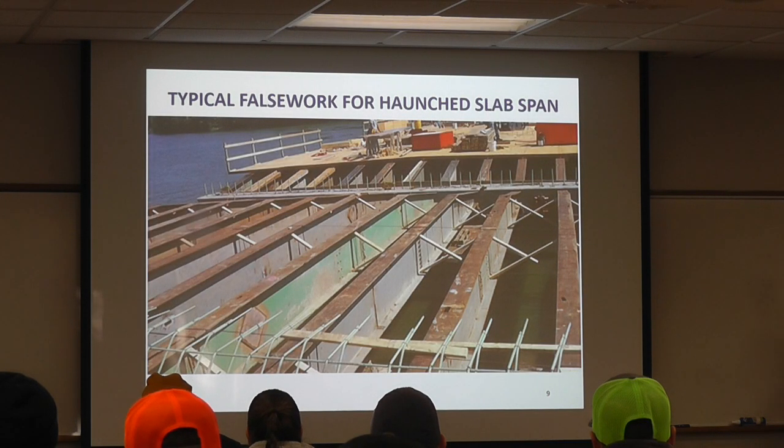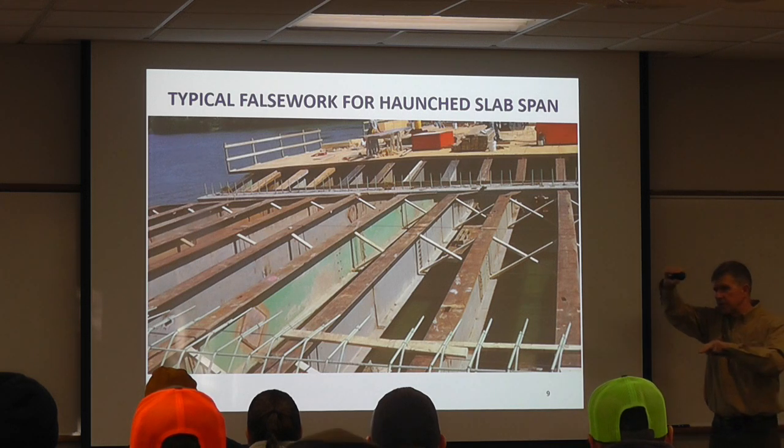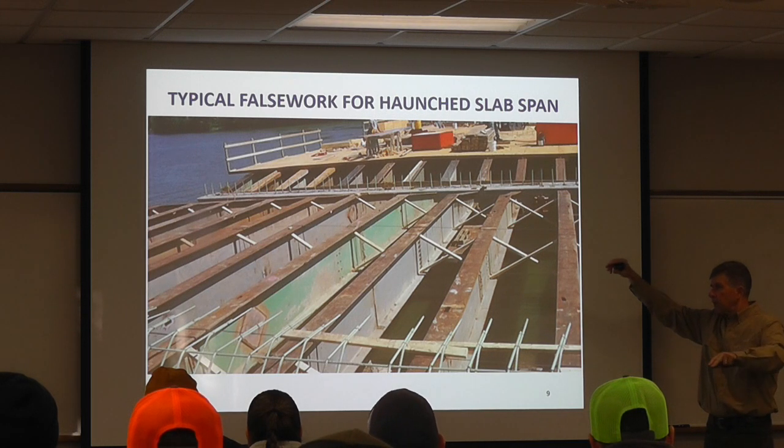Slab spans. We mentioned that on day one, that a slab span doesn't have a separate beam, but it's a thickened slab. So oftentimes, say 20 inches. It'd be a 20-inch thick slab span. So it's not just a deck, but it's a slab with structural capacity.